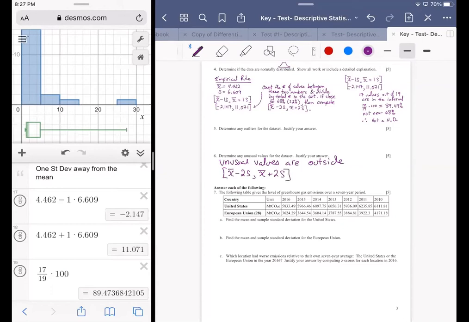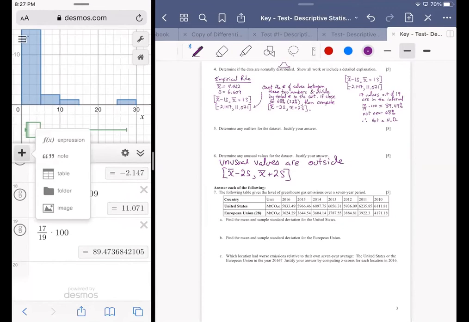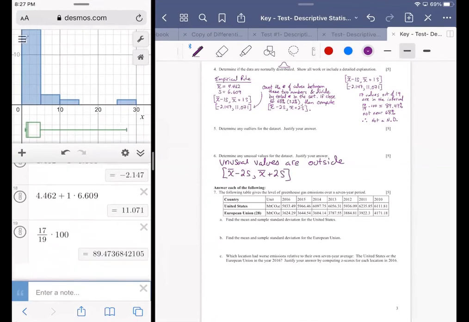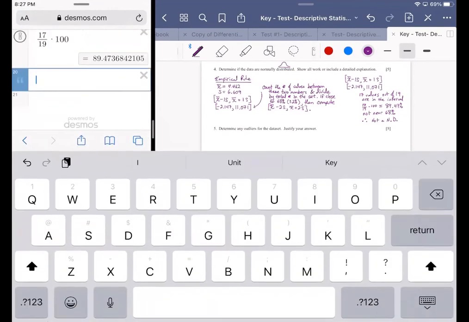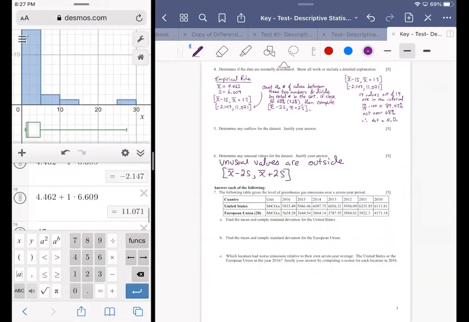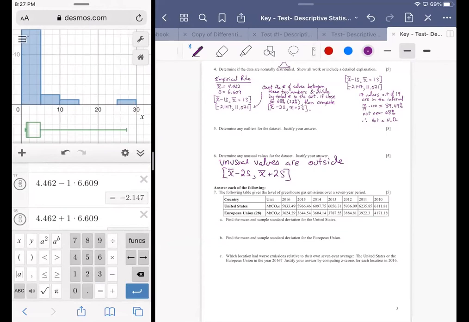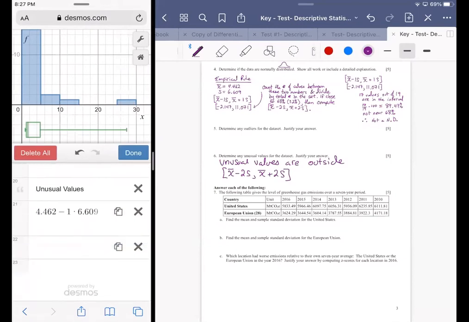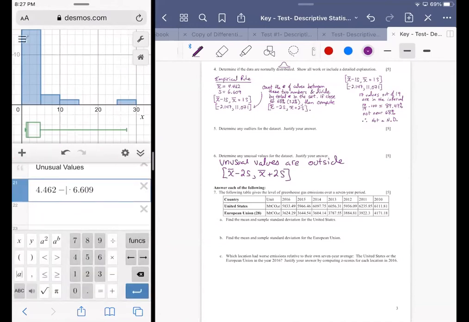So what I would do here, again on Desmos, little notation where I just say unusual values. And then I would just take my previous computations, the 4.462 minus 2 times 6.609, duplicate that, but then change the 1 into a 2.